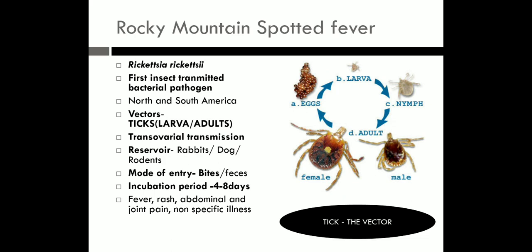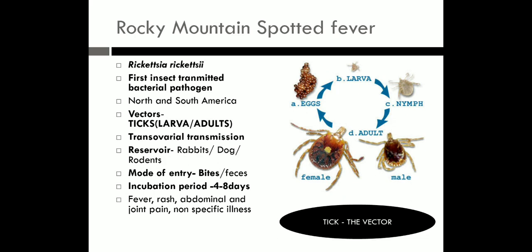The tick transmits the disease to humans during a prolonged period of feeding lasting for up to 1 to 2 weeks. The blood meal and the host temperature associated with tick feeding modulate the expression of certain genes that may upregulate virulence factors of rickettsia. Moreover, salivary products of the ticks enhance the establishment of rickettsial infection.